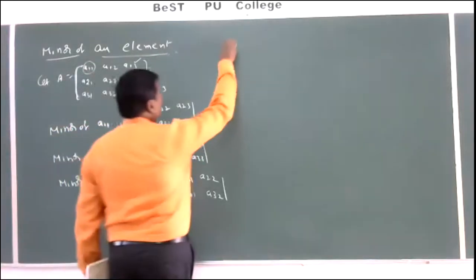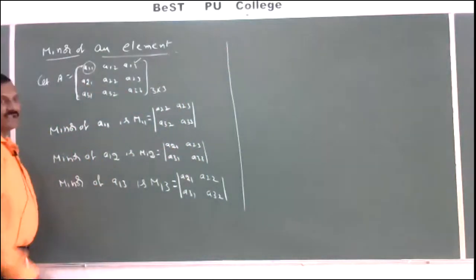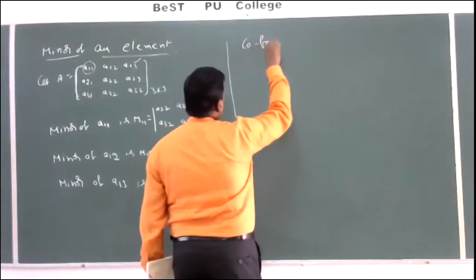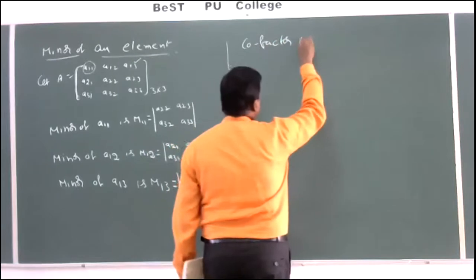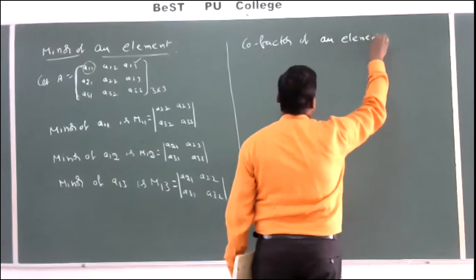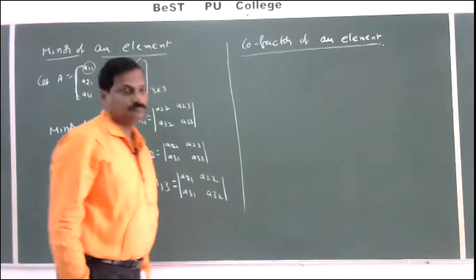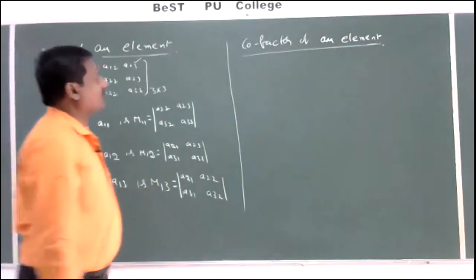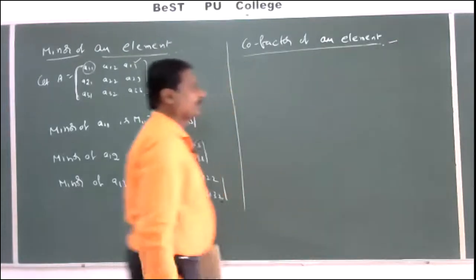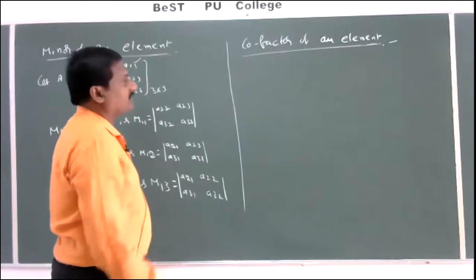And if you know the minor, from that minor we can write the cofactor of each element. See that, cofactor of an element. First, write down the definition.